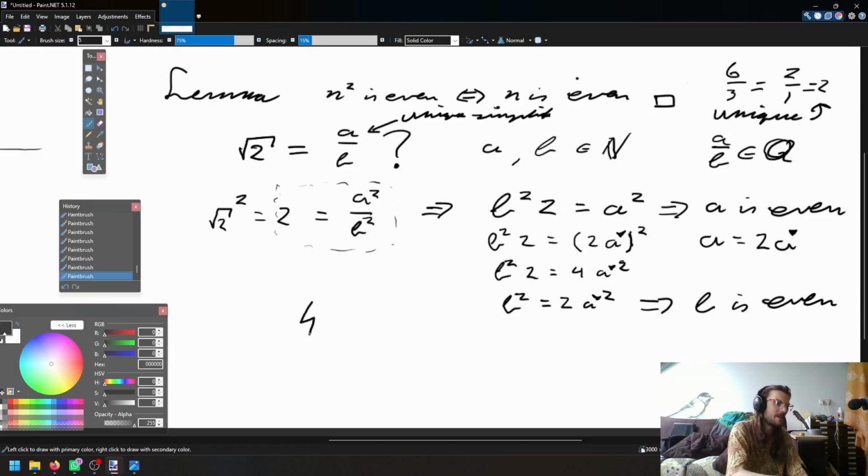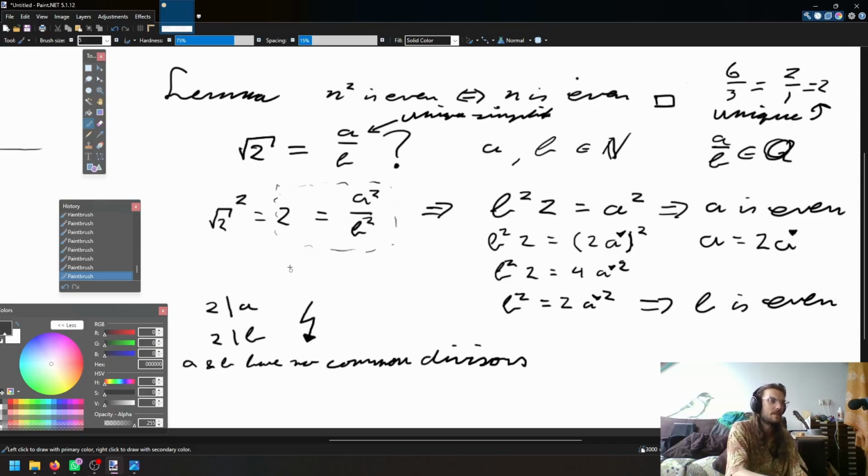And when we find a contradiction, we often write this little lightning thingy. We can write down what the contradiction is. We can write 2 divides A, 2 divides B, and A and B have no common divisors.